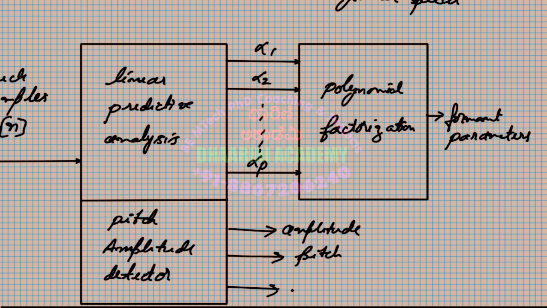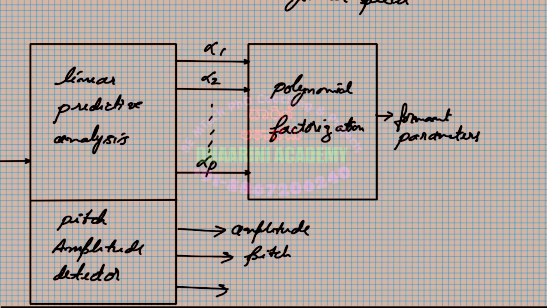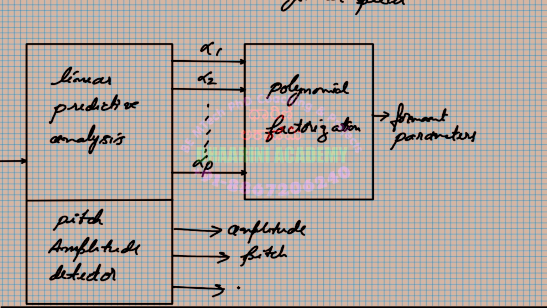Then you can also find out whether the input x of n given to this block is a voice or simply noise, which we call unvoiced, etc. This can be calculated using linear predictive analysis.